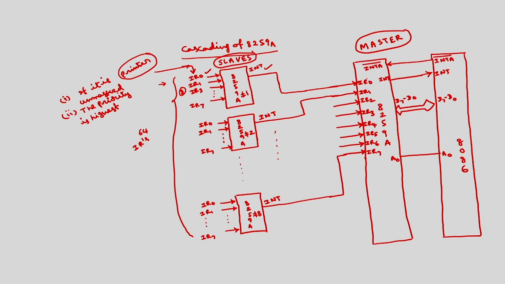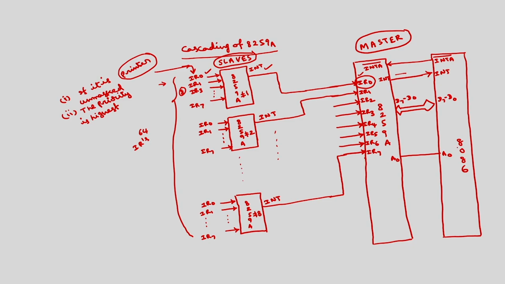This INT signal is connected to one of the interrupt requests of the master. Again the same conditions apply: if IR0 of the master is unmasked, and the priority of IR0 is highest among all the serviced interrupts, then this master will place a request through INT to the 8086.